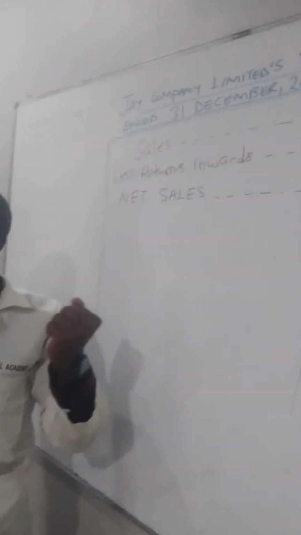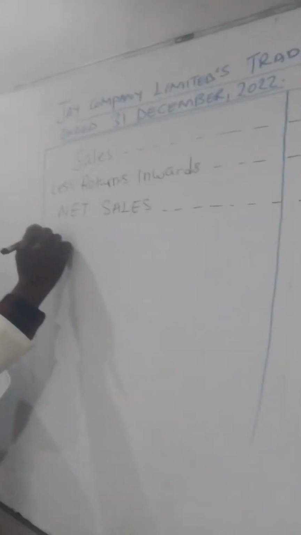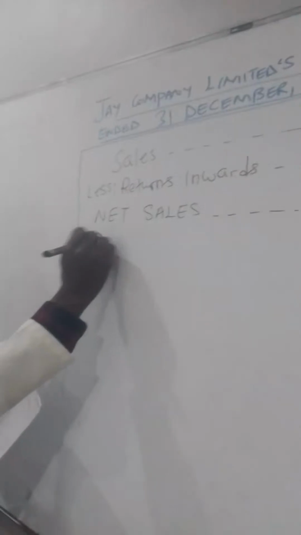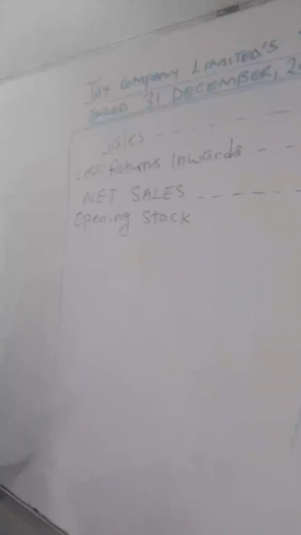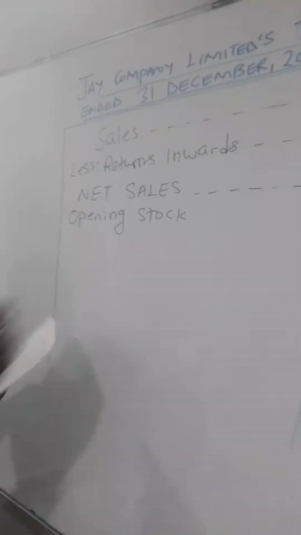net sales. Now from there, what we're going to do is say opening stock, and opening stock is this one with the dates.